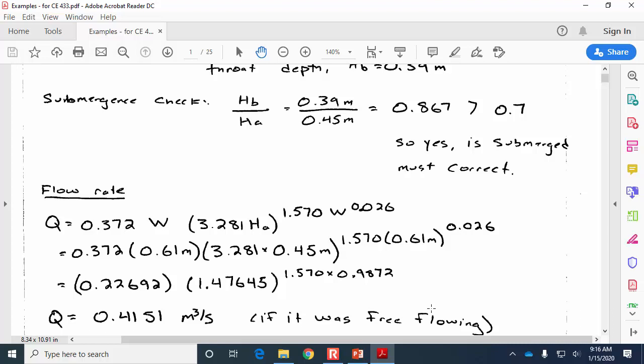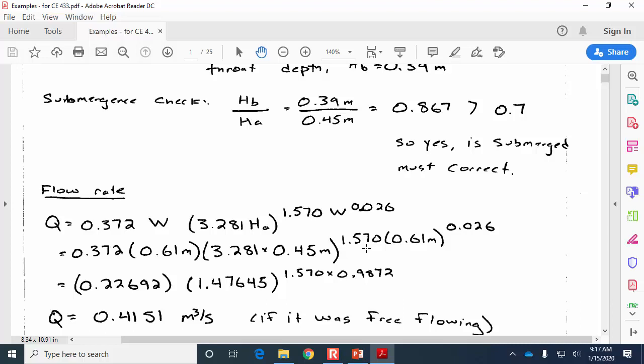So here it's on the screen, the order that things are being done. Anything that's in parentheses, I'm multiplying together before I apply the exponent. And you'll know that I did this exponent, this 0.026, before I multiplied the 1.57. So our free flow capacity should be 0.4151 cubic meters per second.